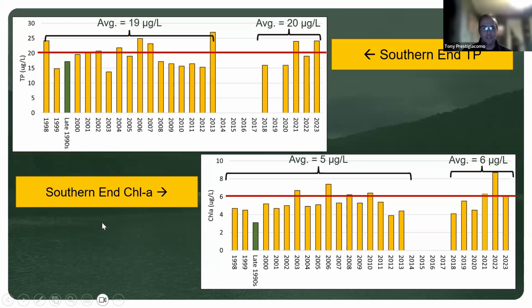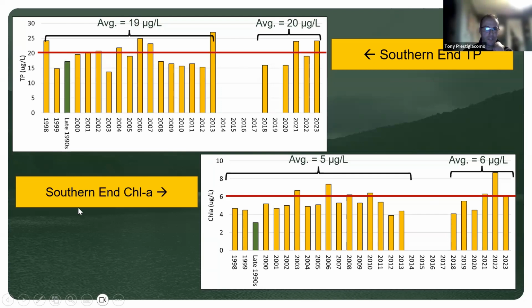Oh, I was just going to say that Cayuga is lucky. We have historical records. This is the southern end total phosphorus back from the late 90s through current, southern end chlorophyll, late 90s through current. We can bin it based on intervals and look at it at different thresholds. Obviously, these red lines, this is the guidance value for phosphorus. This is the chlorophyll target for the southern end.